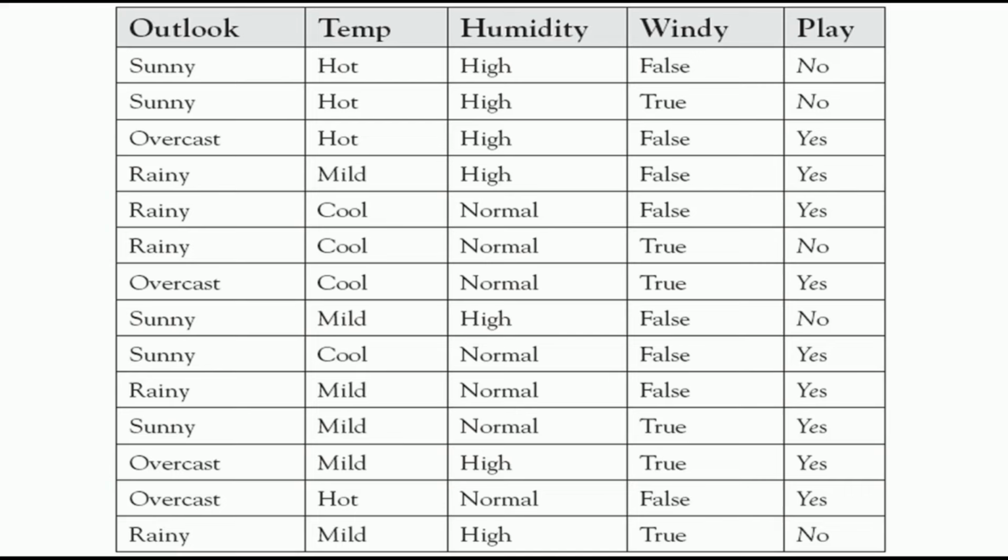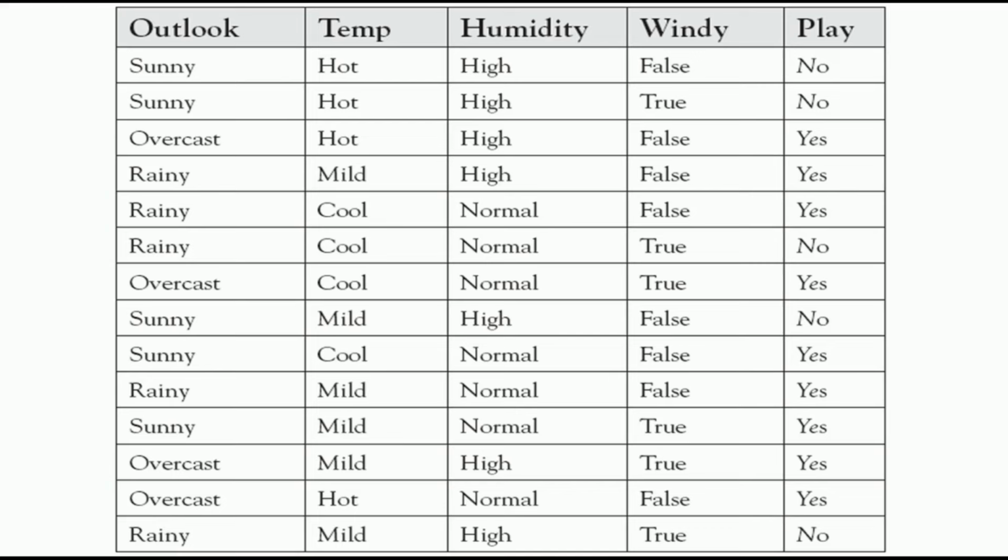If you look at the first attribute, outlook, it has 3 possibilities: sunny, overcast, or rainy. The second attribute, temperature, has 3 possibilities again: hot is the first, and mild and cool are the second and third.